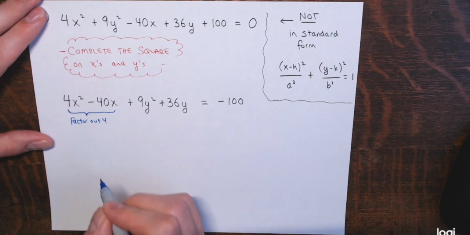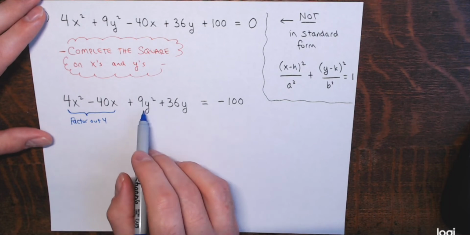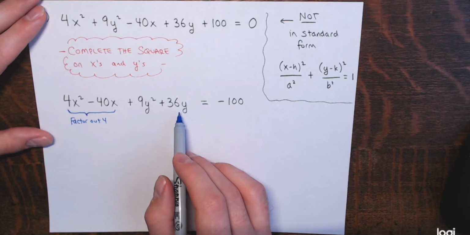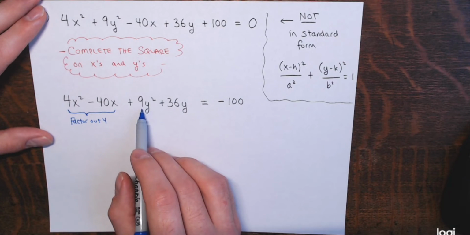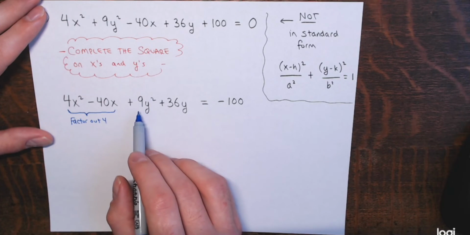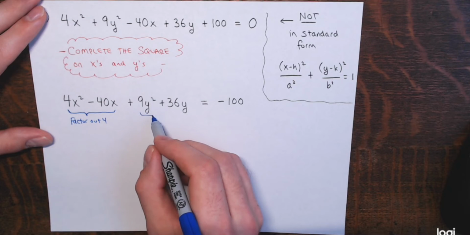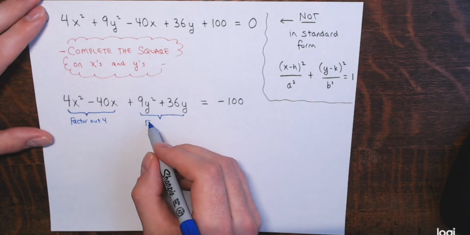So I factor out a 4 from the x terms. And then the same thing goes for the y terms. If I want to complete this square on these y terms, the coefficient on the y squared term needs to be 1, not 9. So to fix that, make it into a 1, I'm just going to factor out that 9.